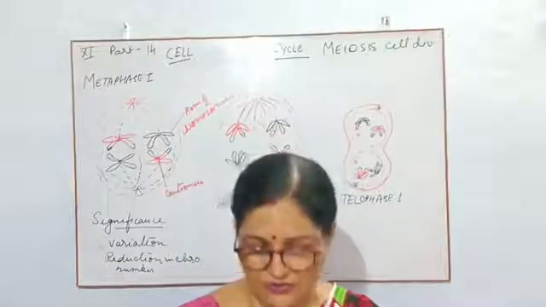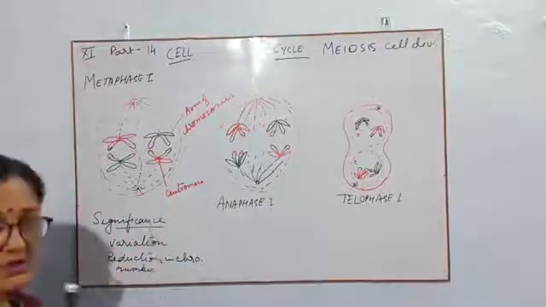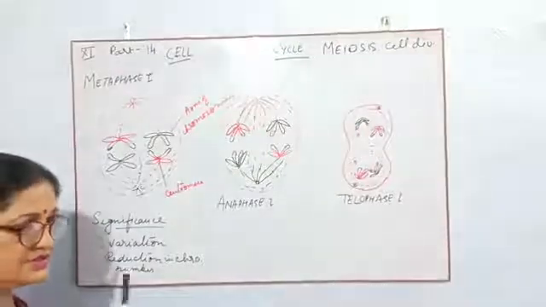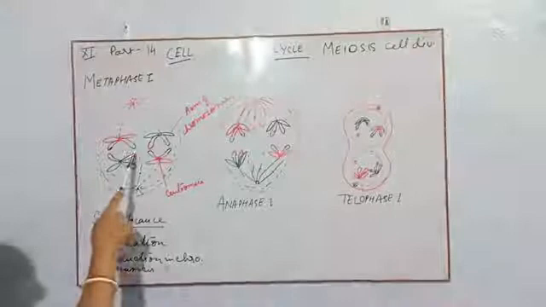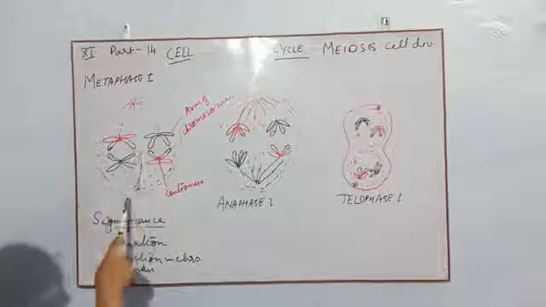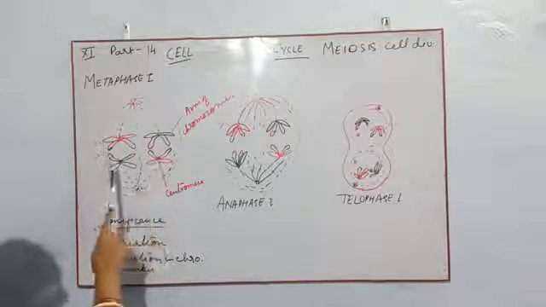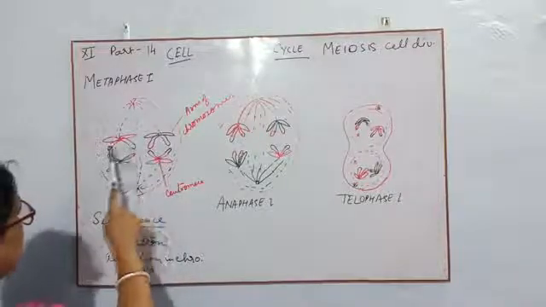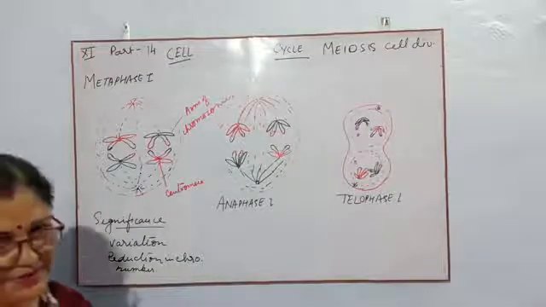So children, in metaphase 1, not many processes go on like in prophase 1; the bivalents only come closer to the equator. At that time, each bivalent has its own centromere, and those that are crossed over remain crossed over and are never separated.